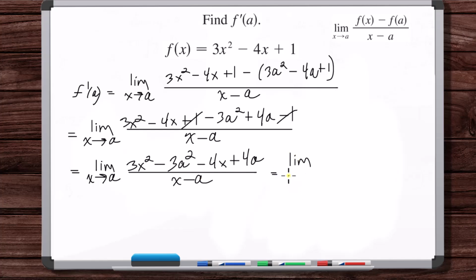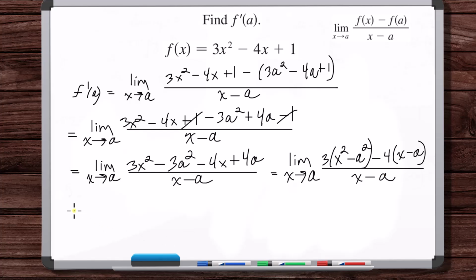So the limit as x approaches a, and then we can factor out, you've got 3 times x squared minus a squared, and then minus 4 times x minus a. Okay. So now we have a difference of two squares. So x plus a, x minus a, and then 4.